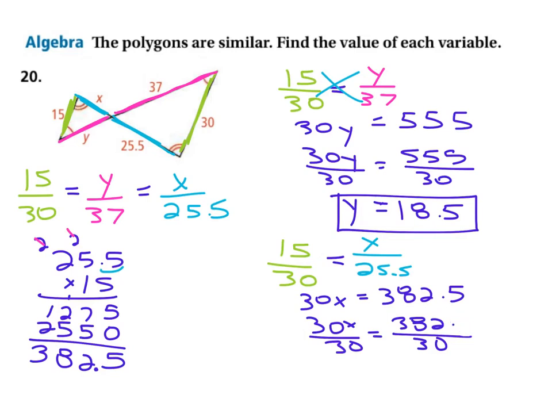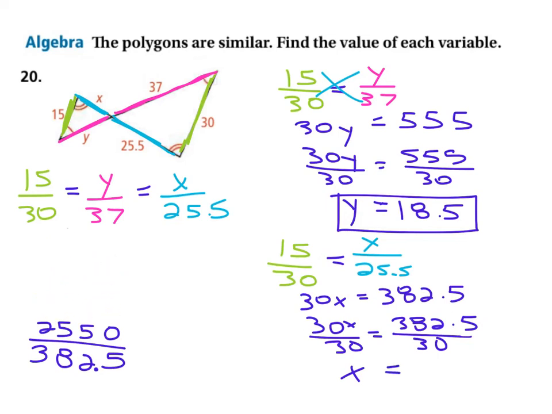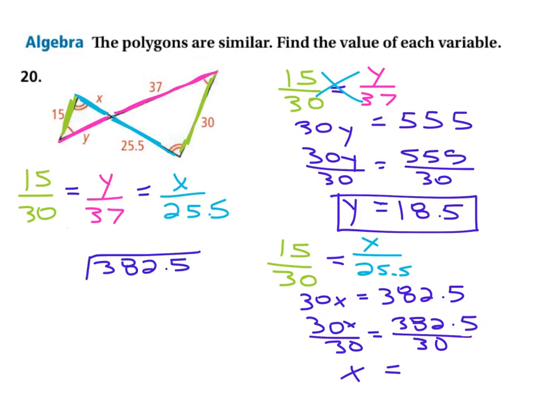And what do we get there? We get x equals, and I'm going to do this off on the side where I'm doing all my calculations. Let's see, we've got to do 382.5 divided by 30, and we get 30 goes into 38 once.